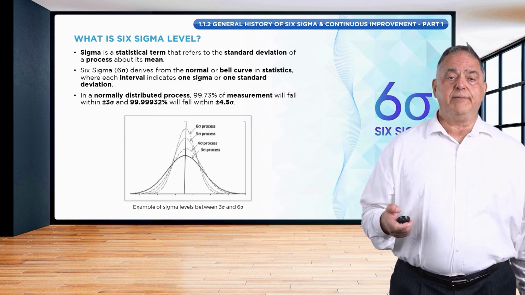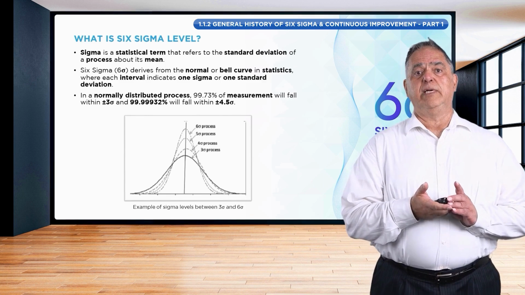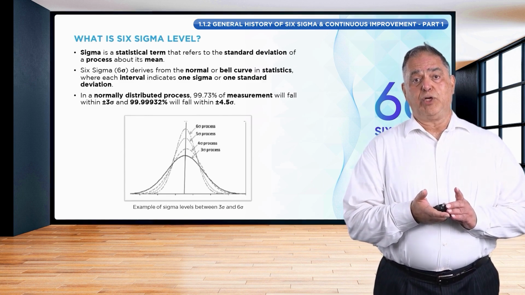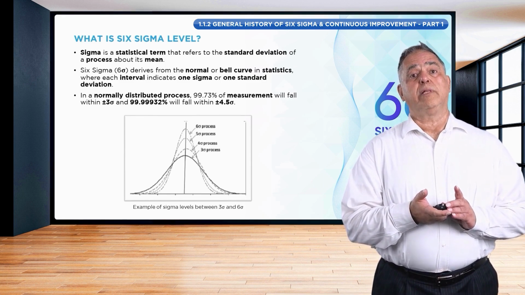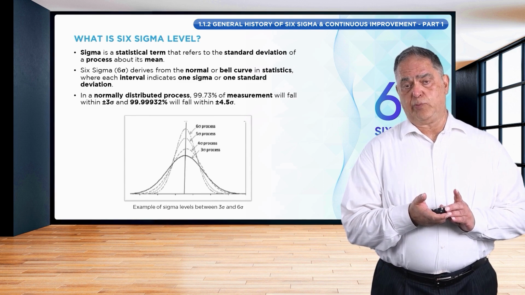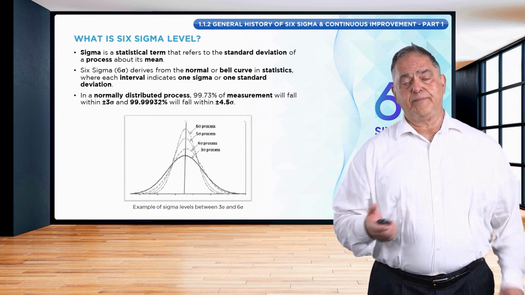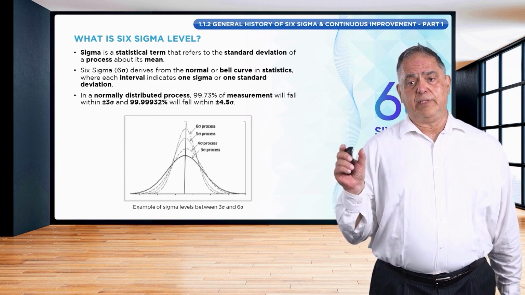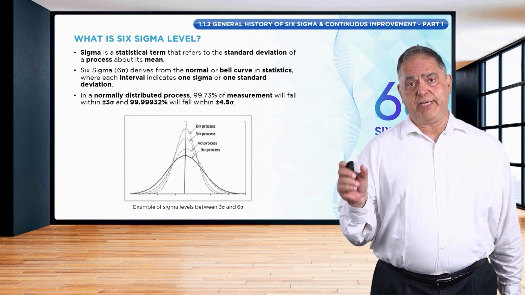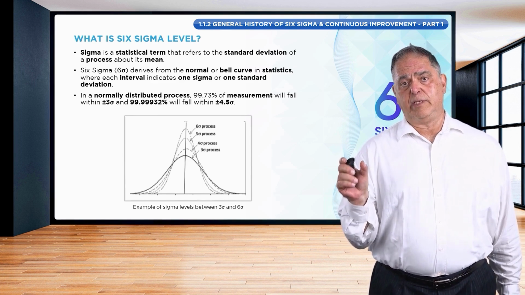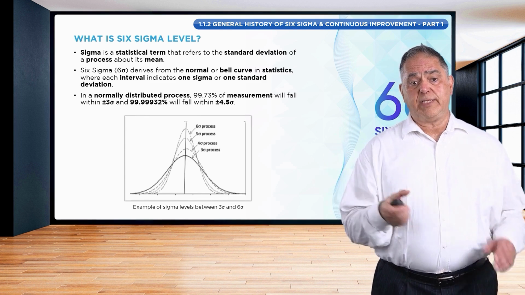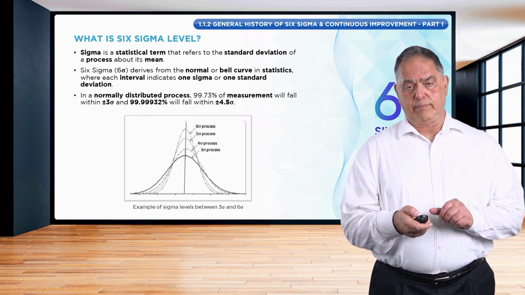Six Sigma derives from the bell-shaped curve, or the normal distribution curve, as we call it, or the Gaussian distribution in statistics, where each interval indicates 1 sigma, and 1 sigma corresponds to 1 standard deviation.